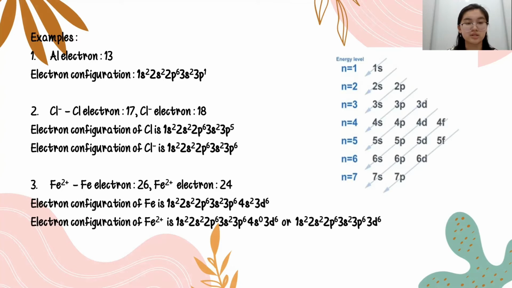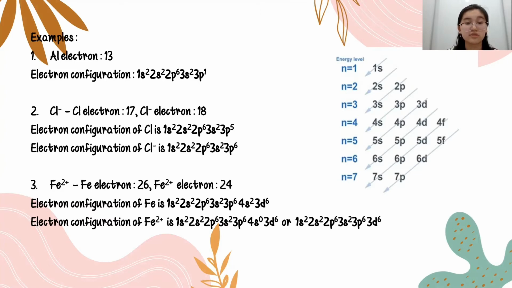The third question is Fe2+. The iron atom has 26 electrons and the Fe2+ ion has 24 electrons. Here, we need to subtract 2 electrons. Also, like just now, first we need to make the parent electron configuration. So it becomes 1s2, 2s2, 2p6, 3s2, 3p6, 4s2, 3d6.